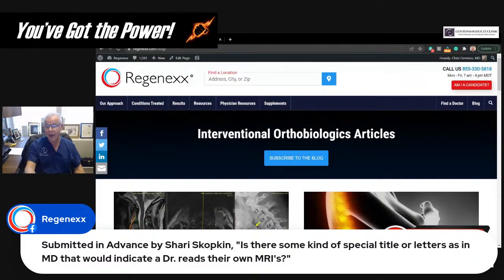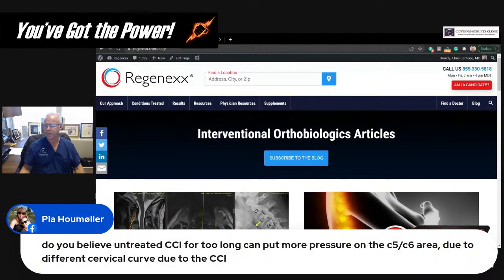But it's incredibly valuable for what I do because I can say, aha, that's an area I need to treat. And then I can follow that patient up and say, well, did treating that area really move the needle for that person? So that's why it's invaluable, but there's no specific letters, regrettably.